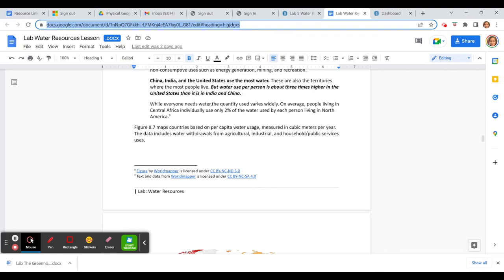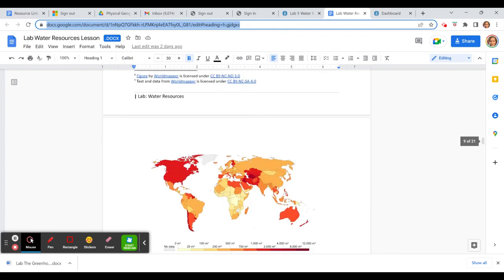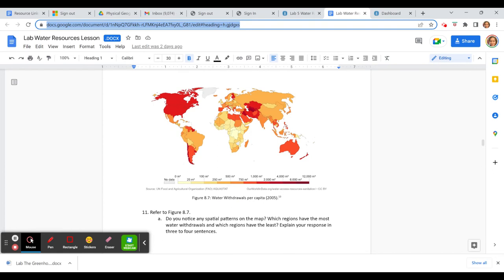Figure 8.7 maps countries per capita, which means per person, measured by cubic meters per year. And this includes water withdrawals for agriculture, like your lawns or food, industrial and household and public services. So this is going to show the amount of water that's taken out per person as of 2005. And obviously the largest, we're going to see places like down here, we've got Chile, Argentina, Australia, United States, and Canada.